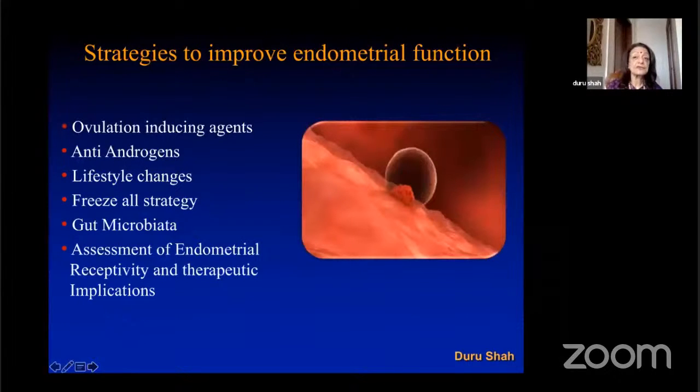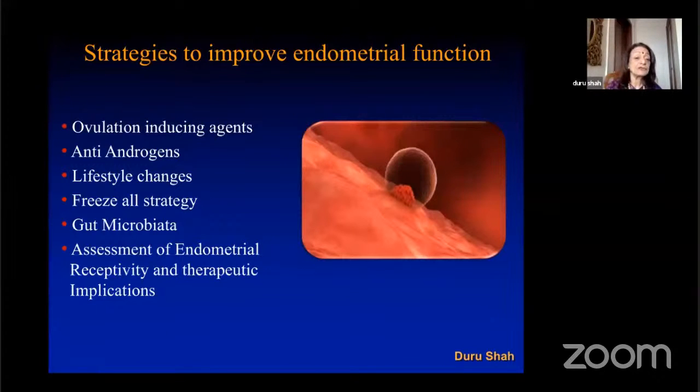So the strategies to improve endometrial function depend on what ovulation inducing agents we are using, what helps the endometrium to grow better. We know that injectables work better than the oral. We give anti-androgens to patients like PCOS who have got high androgen levels. We recommend lifestyle changes to get rid of their obesity and insulin resistance, which comes in the way of implantation.